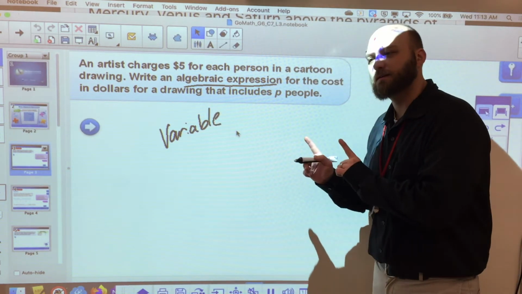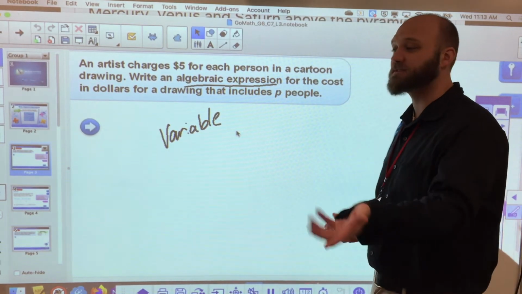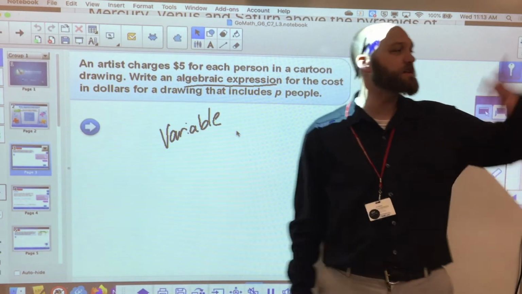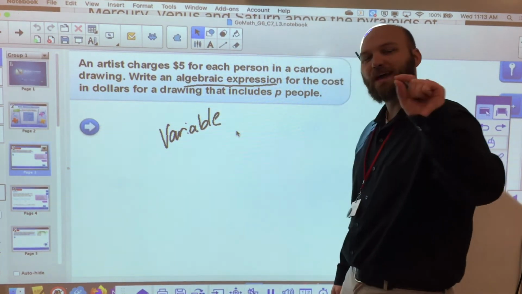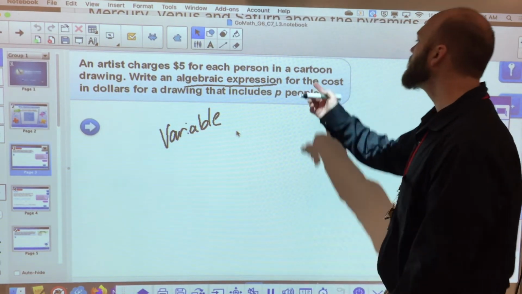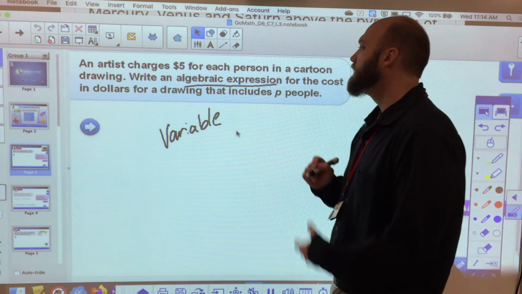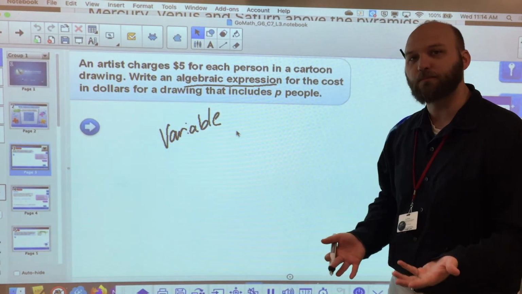That's a letter that can vary. Its numbers vary. A is not always 2. A is sometimes 7, and in this problem it might be 1/2, and in this problem it might be negative 3,000. It varies. So a is called a variable. An algebraic expression will always have a variable. For the cost in dollars, for a drawing that includes P people. So P is the number of people.